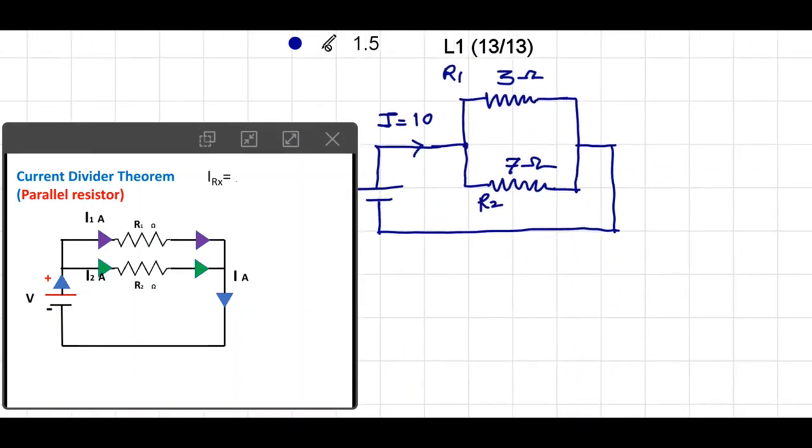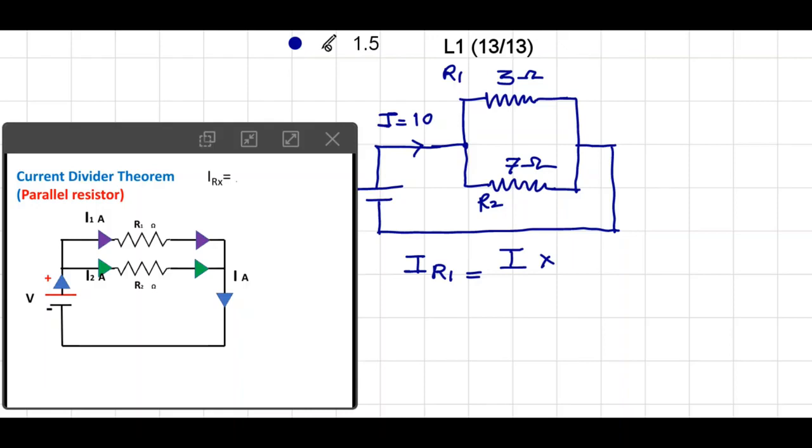Now when we want to find out the current through R1, then according to the current divider theorem, we must know the total current. As we saw in voltage divider, here instead of voltage we are considering total current I into. Note that in the case of the voltage divider theorem, we were multiplying by the resistance across which voltage is to be measured.